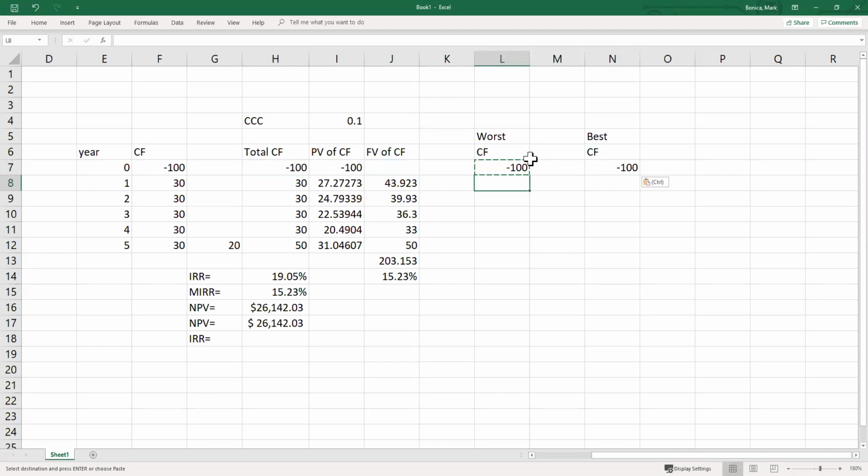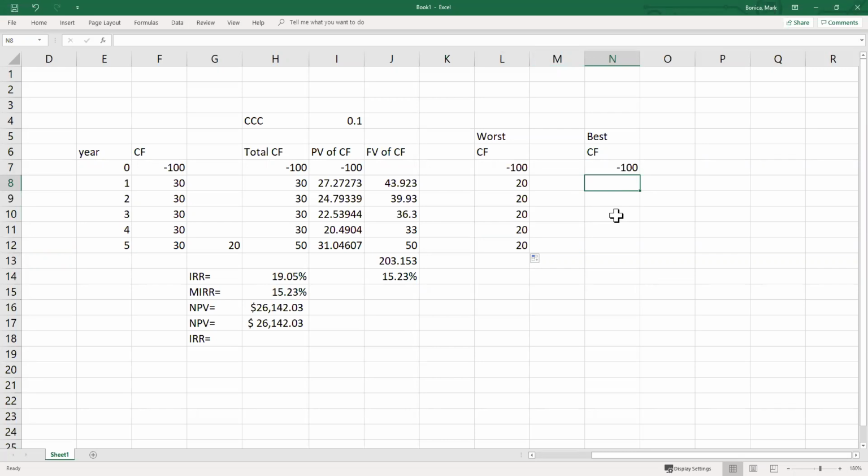And then for the worst case scenario, we're going to get $20,000 per year. And part of the worst case scenario would be the idea that we would get a 0 salvage value. So that makes that easy.